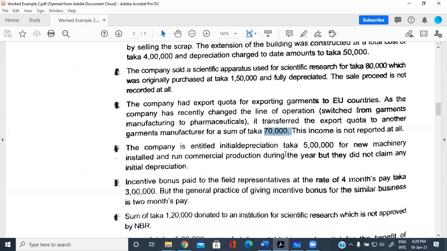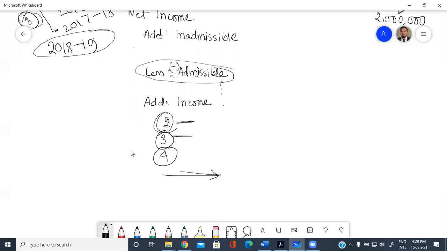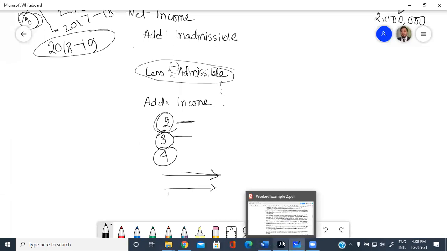So the assumption we can make following the text solution is that we can assume this 70,000 as the total assessable income by transferring this export quota. Got it? Yes, sir. Okay. So we can show it in which category? You can show it as income, which has not been credited already. Okay, next one.